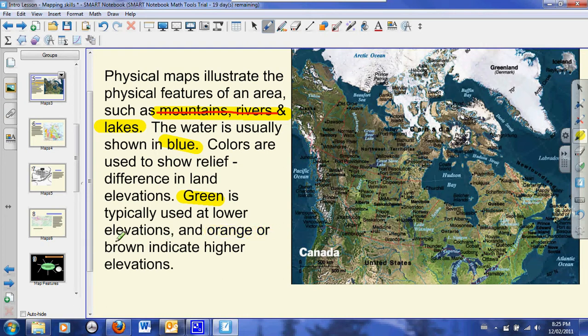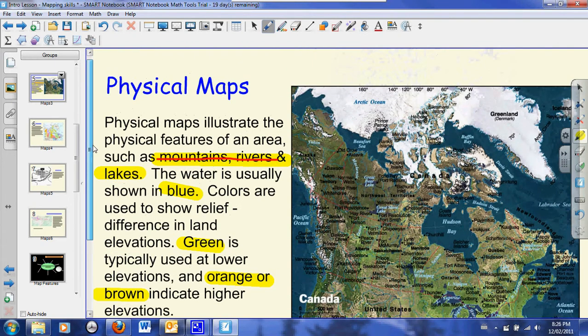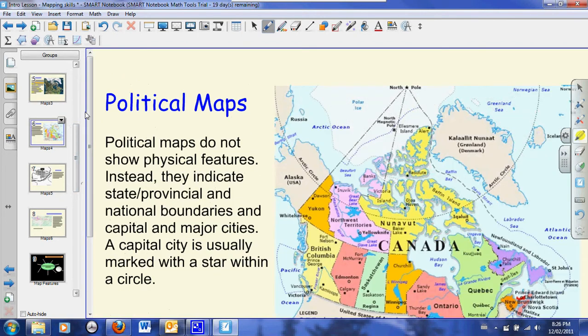And then, of course, orange and brown indicate higher elevations like mountaintops. Someplace like Mount Everest, the top is very high, the highest mountain in the world, and its cap would be white. In fact, if you take a look at this map here, this white indicates that. So that's physical maps.